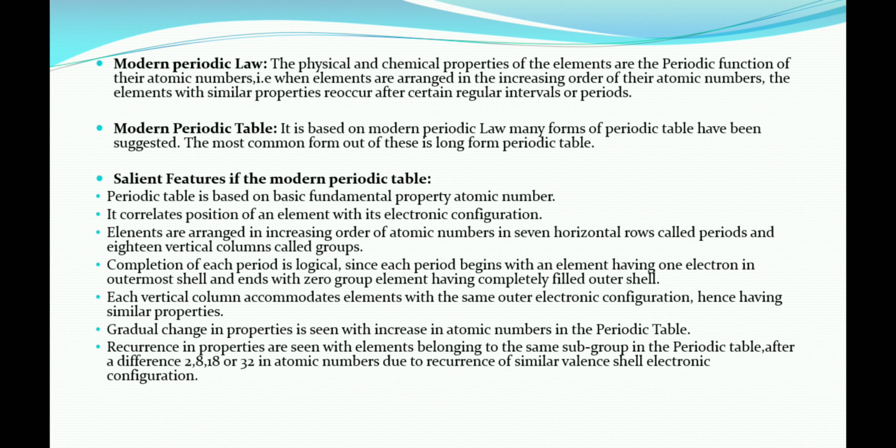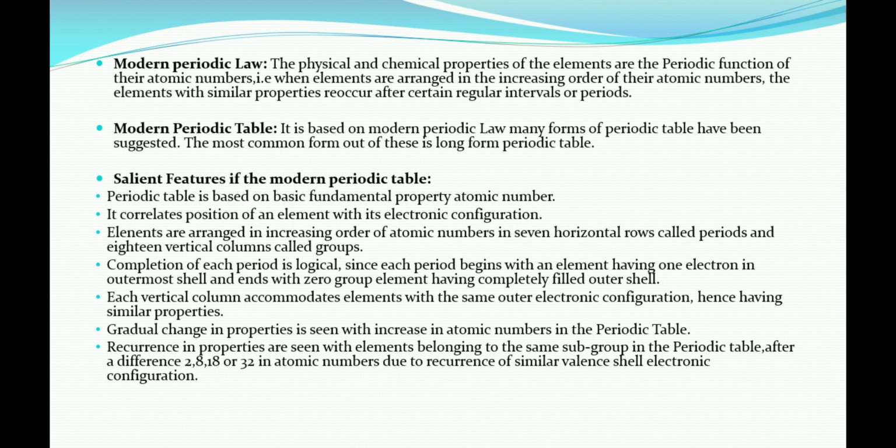Each vertical column accommodates elements with the same outer electronic configuration, hence having similar properties. Gradual change in properties is seen with increase in atomic numbers in the periodic table.